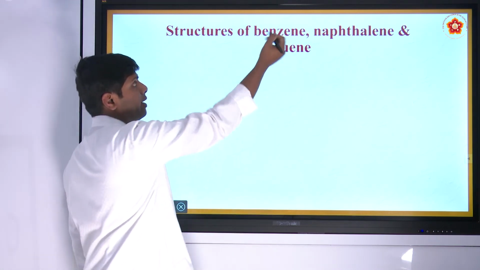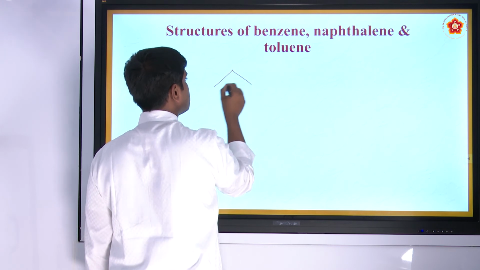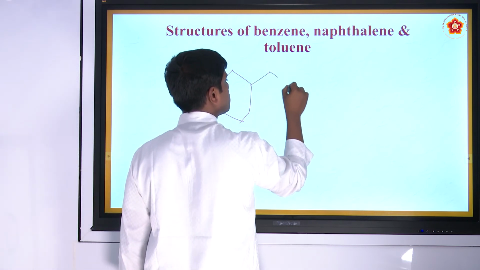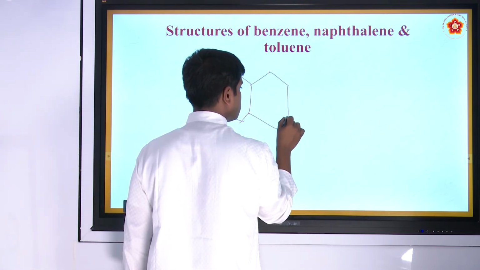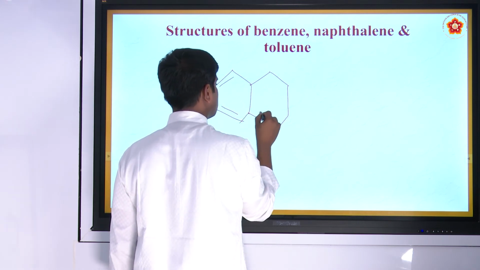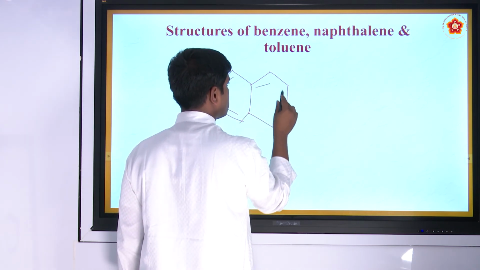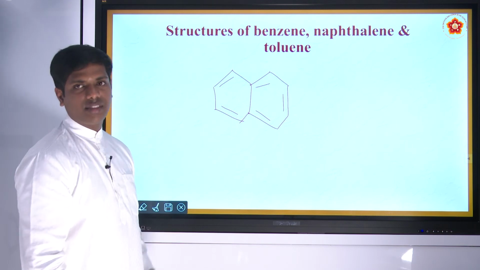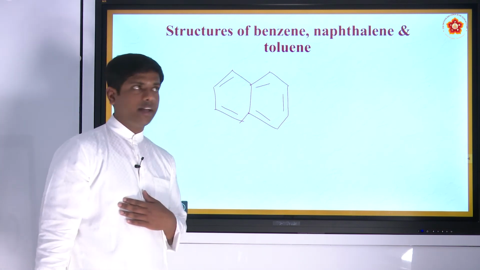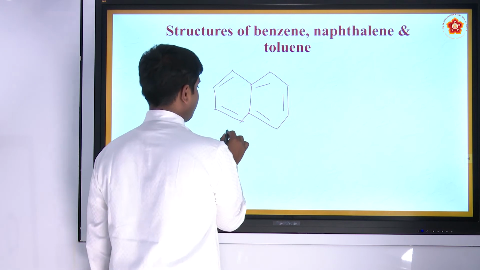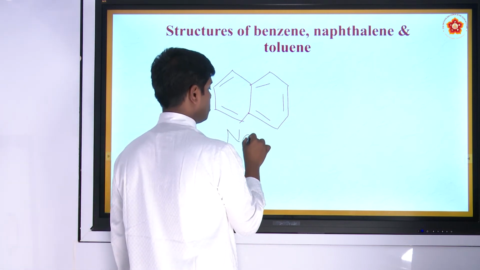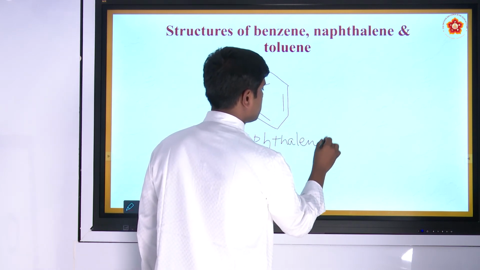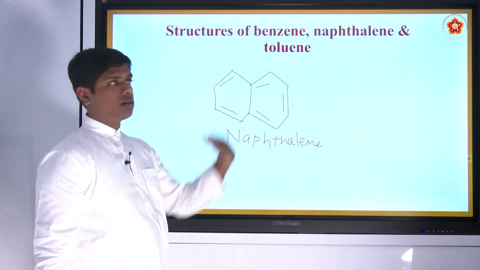Let us draw the structure of naphthalene. This is the structure of naphthalene. Let us draw the structure of toluene.